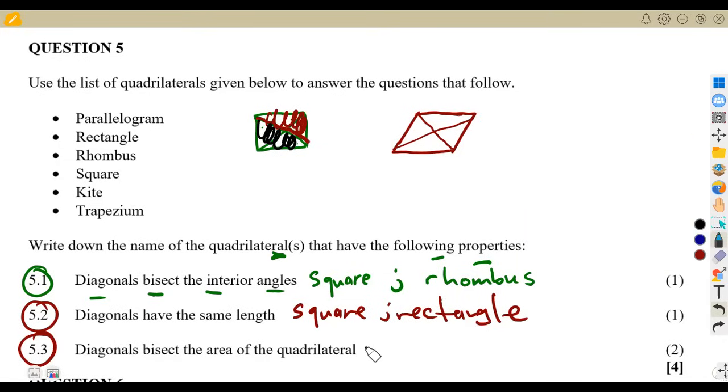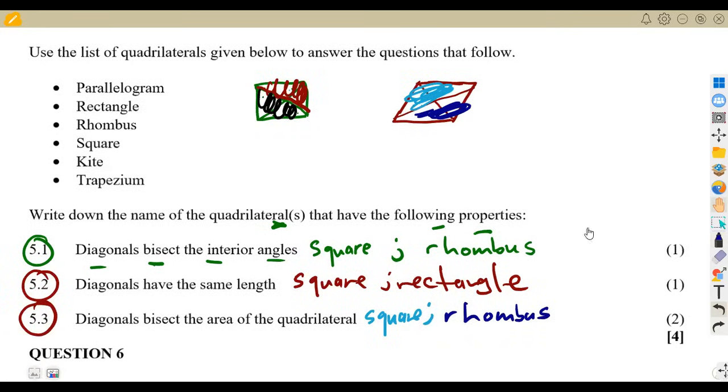It happens truly on a square: this area and this area are going to be the same. It can actually happen on a rhombus too. Again, as you can see, this side and this side are going to be the same.